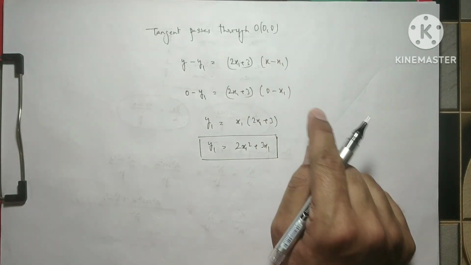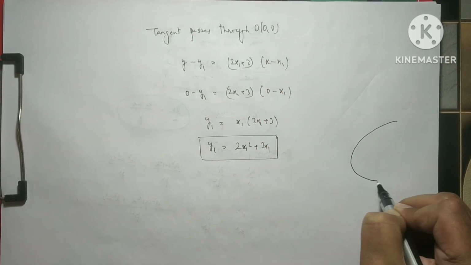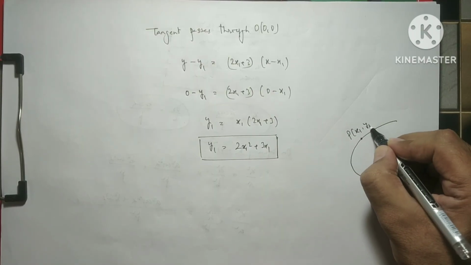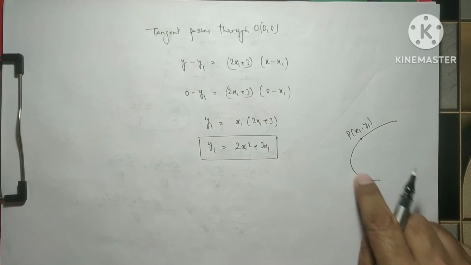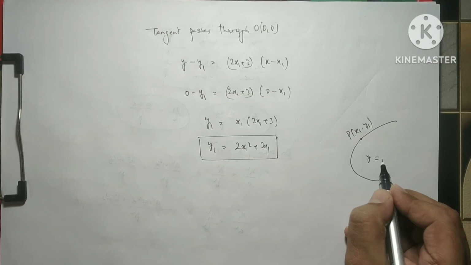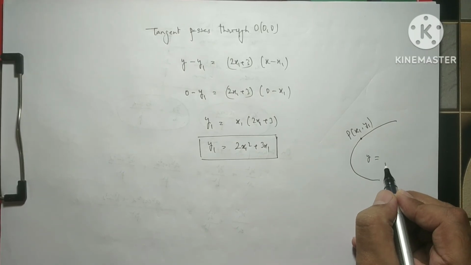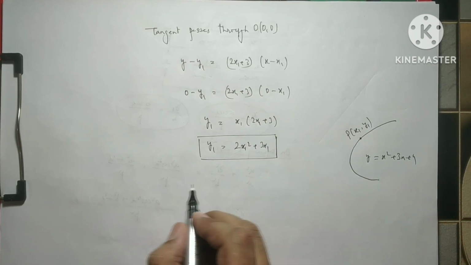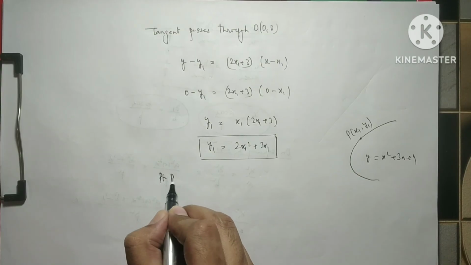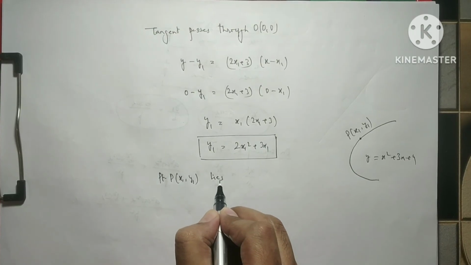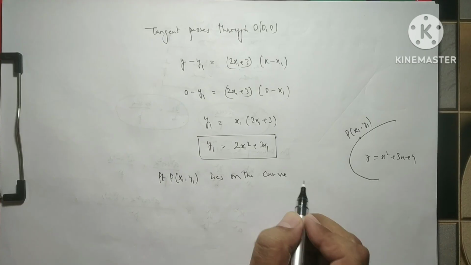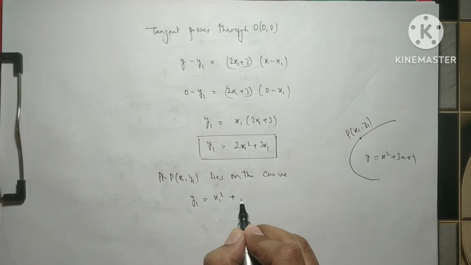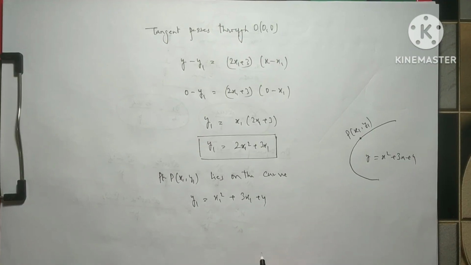If the point x1 y1 lies on the curve, it again satisfies the equation of the curve, that is y equals x square plus 3x plus 4. That means point P, we can write y1 equals x1 square plus 3x1 plus 4.